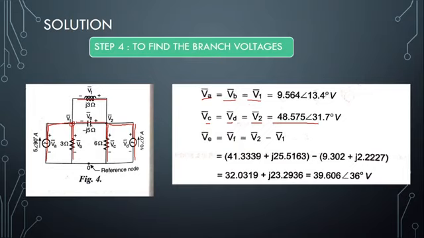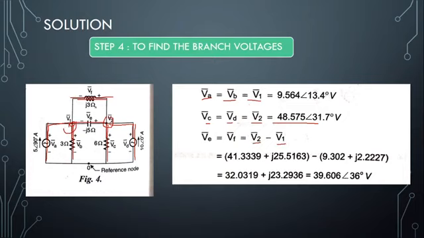But VE and VF are connected in common to V1 and V2. So when such a common connection is made, the voltage across these two elements will be the potential difference between the two nodes. Potential difference means this potential minus this V1 potential. So this is going to be the V2 value minus the V1 value.